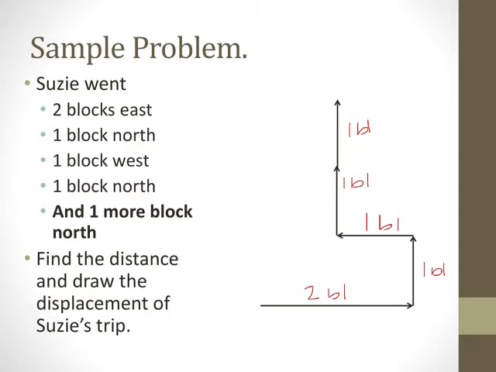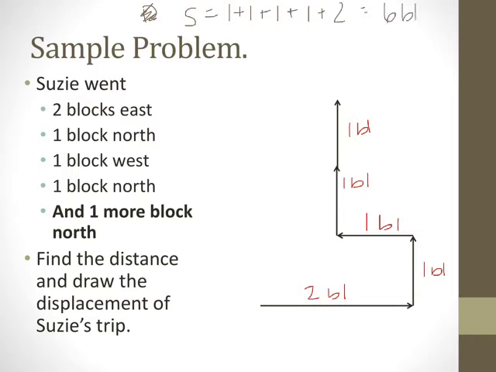Distance, I'm going to use our new variables. Our distance is going to be just adding all of our blocks together. So it's 1 plus 1 plus 1 plus 1 plus 2, which is equal to, hopefully you said, 6 blocks.